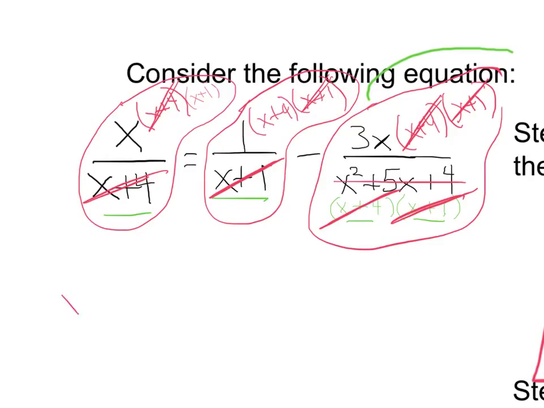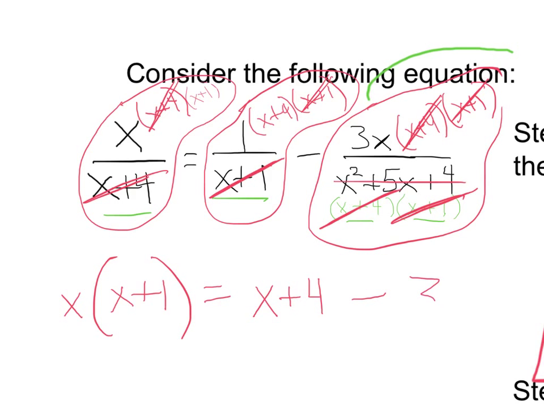we're left with x and x plus 1 in this first fraction equals 1 times x plus 4. And again, 1 times anything is just that thing. So 1 times x plus 4 is x plus 4. Minus, we just had 3x in that last fraction.